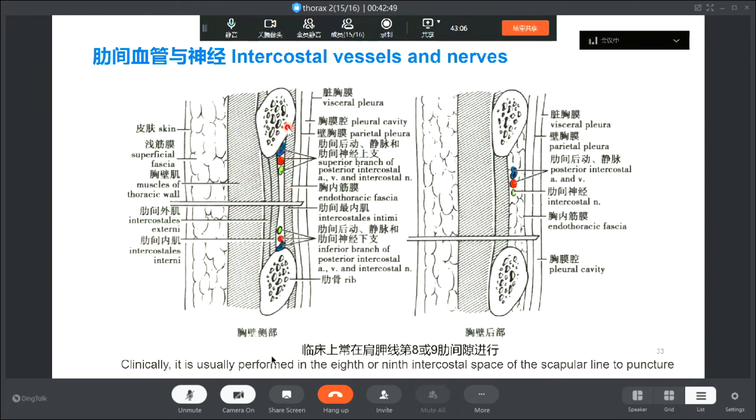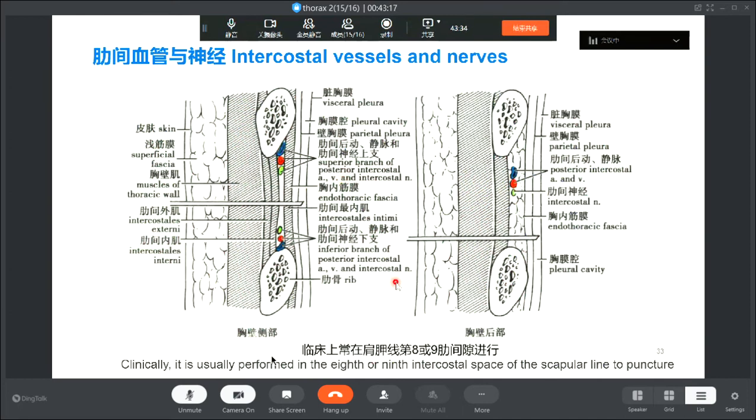Between the two ribs there grow the main artery, vein and nerve. Their anatomical names are the posterior intercostal artery and vein, and the intercostal nerve.